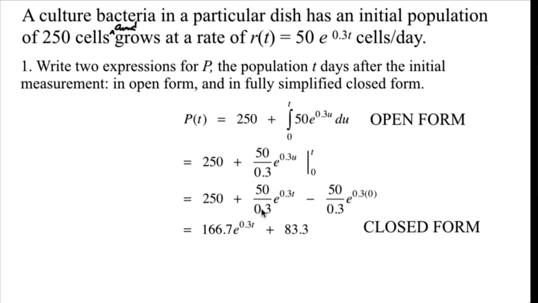So the big takeaway is the constant in closed form isn't necessarily the same as this starting amount. Is this making sense? You have to plug the 0 in, and when you simplify it, you get a new constant in closed form. That constant is not the starting amount, like the 250 is the starting amount. So let me show you.